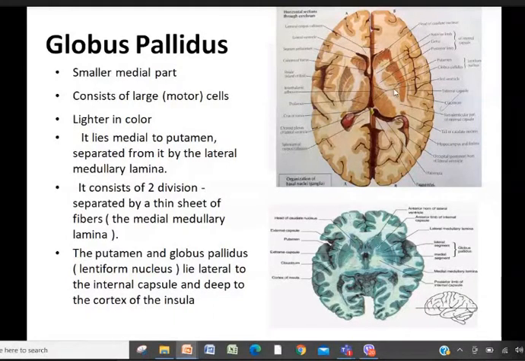This putamen and globus pallidus combination, called the lentiform nucleus, lies lateral to the internal capsule and deep to the cortex of the insula. Okay. Do you understand this? Globus pallidus, any confusion?